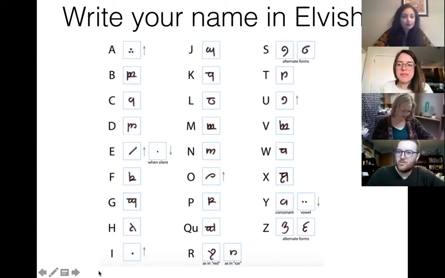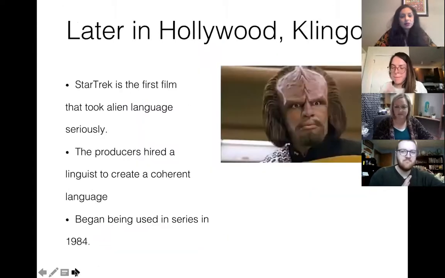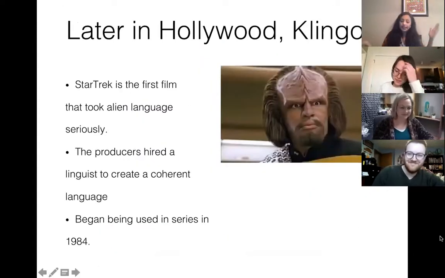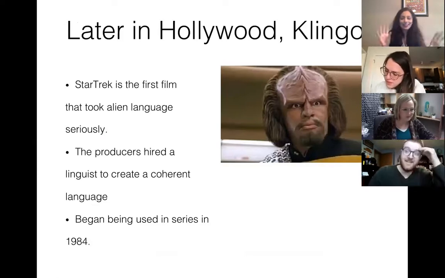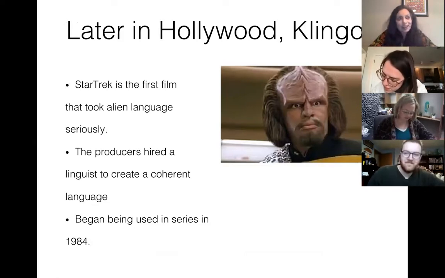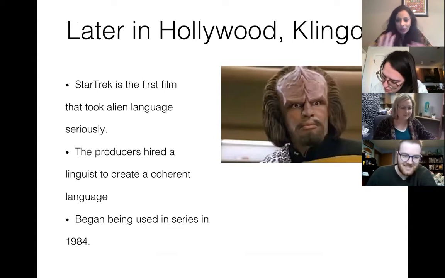Cool. Okay. Let's move on to Klingon. So now we're getting into the 1980s. We're getting closer to less historical constructed languages and more modern constructed languages. I think it's around the time that Klingon came, 1980s, that constructed languages became more modern than their historical counterparts.